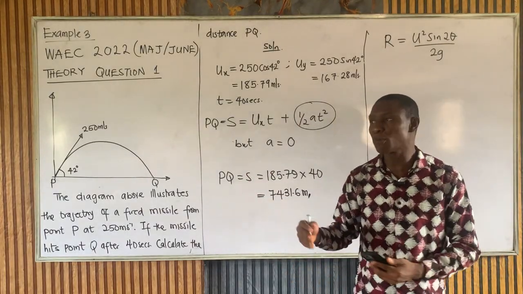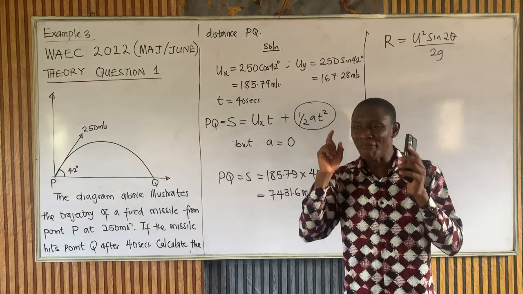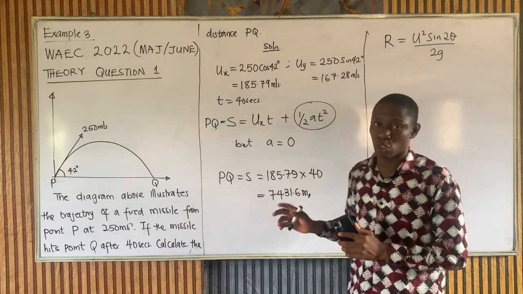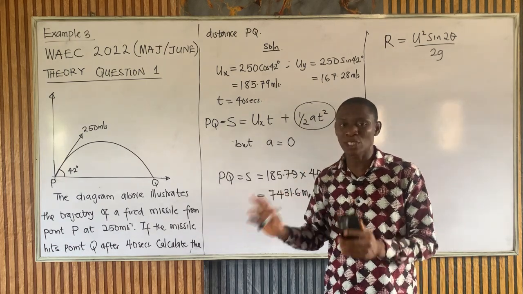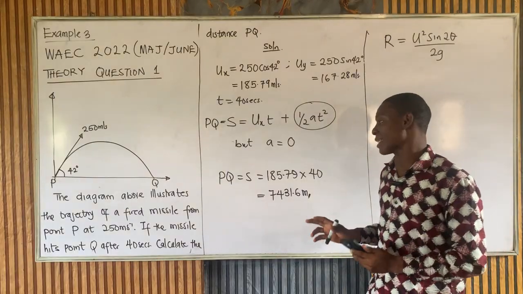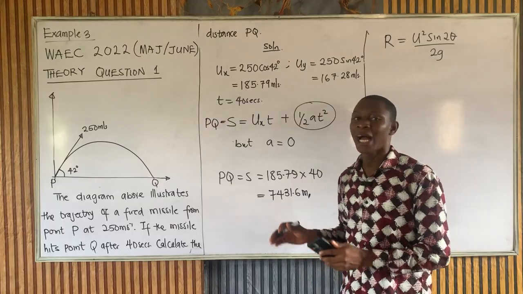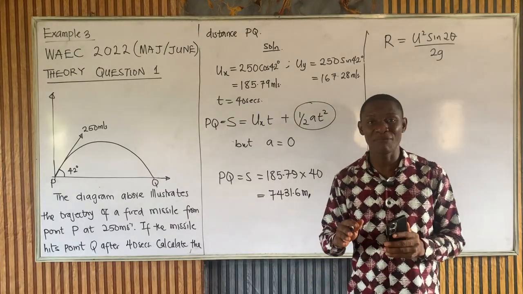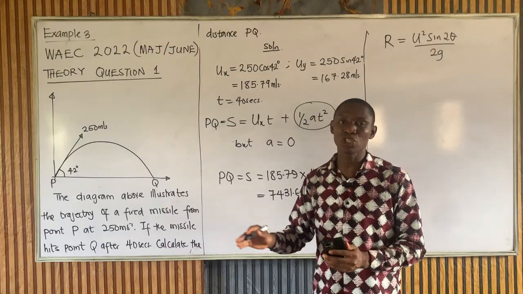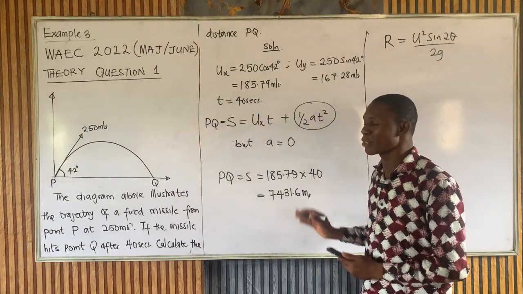And I categorize motion in my video into horizontal and vertical motion so that you can have proper understanding of what category the motion falls into, and then solve it using the equation of motion, knowing when to resolve horizontally and then vertically. So go to our description, you will get a link on our motion video: every type of motion, motion under gravity, linear motion, rectilinear motion, horizontally projected motion, and then projectile.